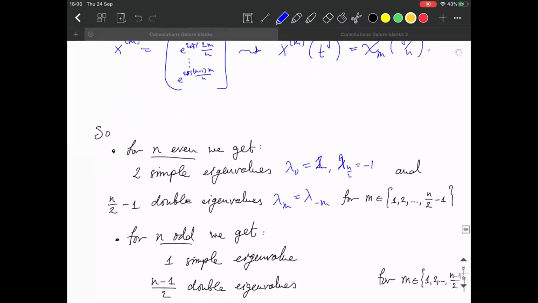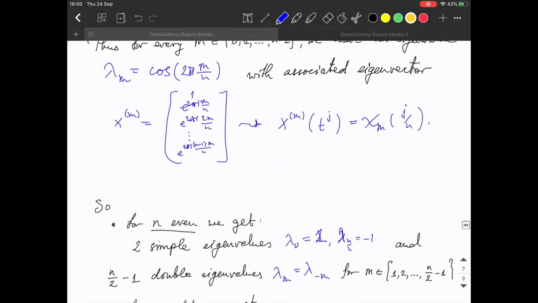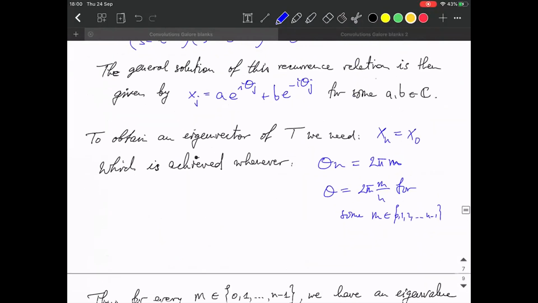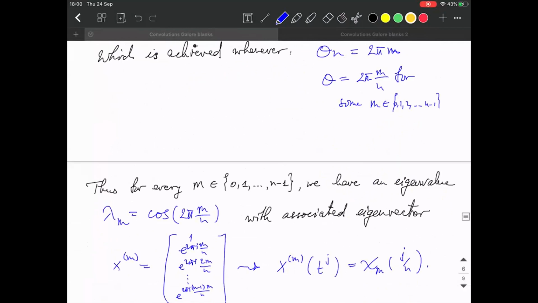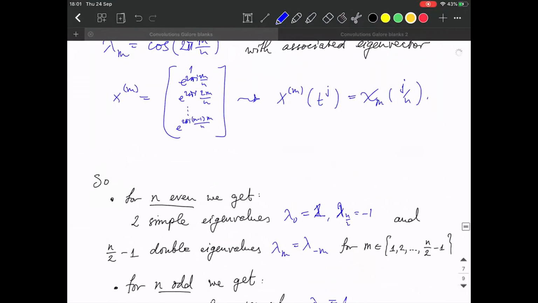And for n odd, we get a single simple eigenvalue, lambda_0 equals 1, and all the other eigenvalues are double. So again, we had a choice of basis that had to be made, and we arrived at it by using this fundamental solution of the recurrence relation, but we could have used some slightly different method. If we were looking for only real eigenvectors, for example, we would never have arrived at this solution.